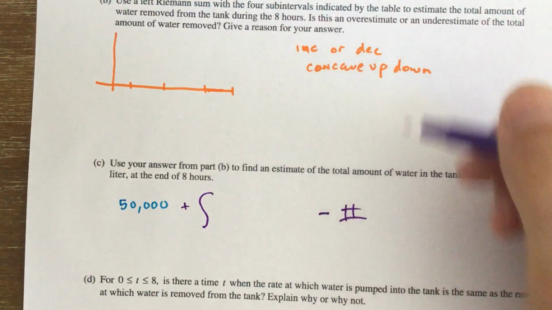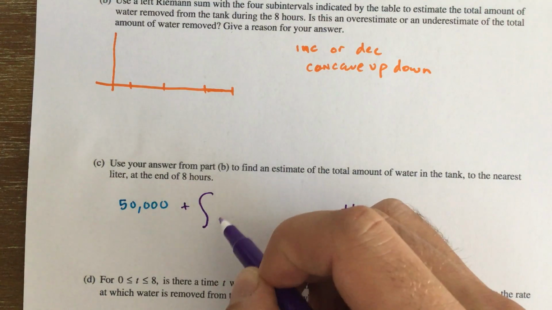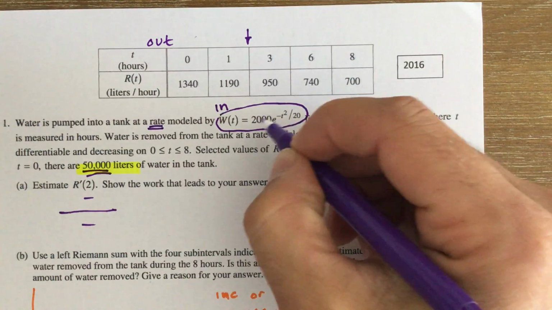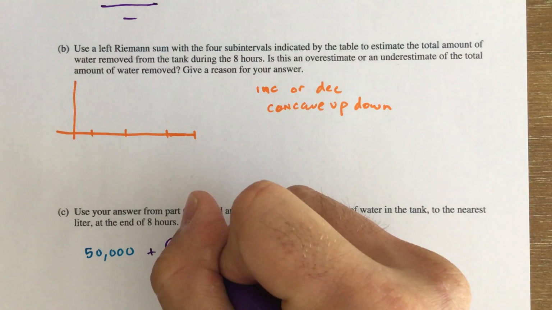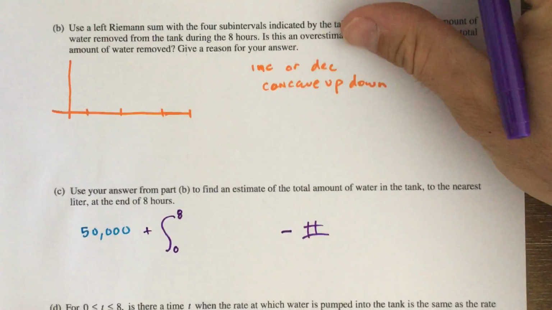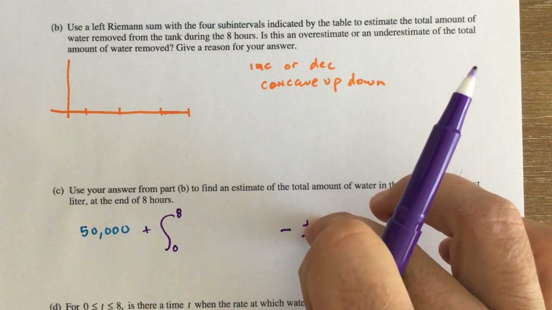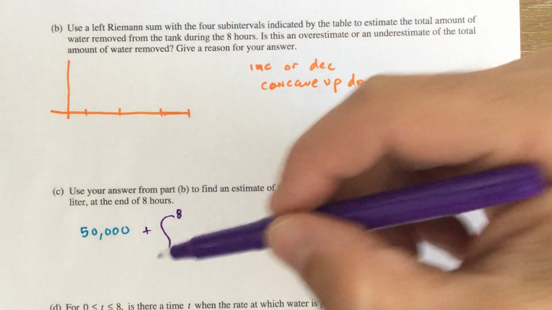From part B, you should have found this number already, and for part C, you're now going to know water going into the tank, so you need to integrate this. This is the rate at which water is going in, so we're going from 0 to 8 hours. Remember, this is calculator required, so you would have to write that down, but you wouldn't have to integrate by hand.